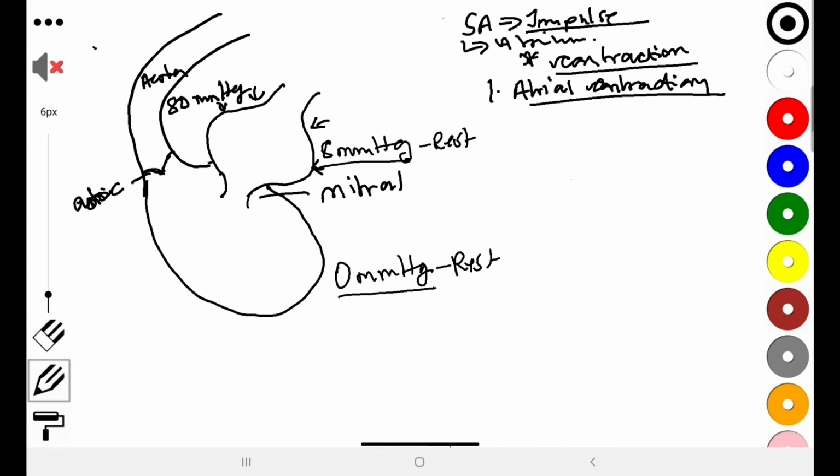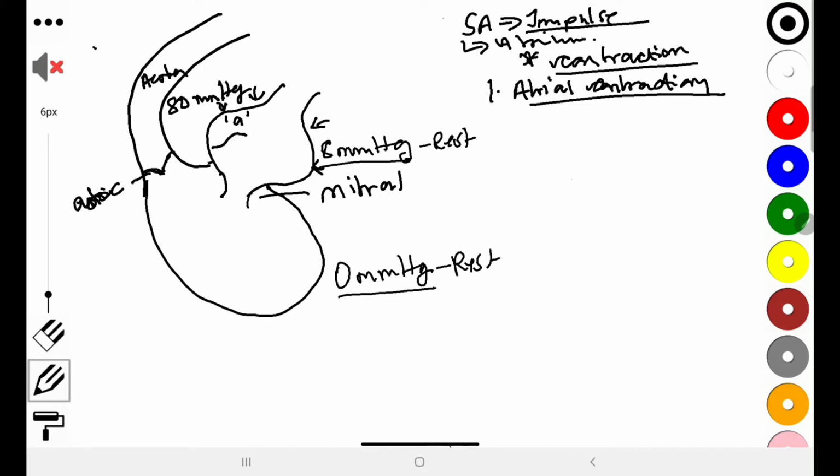It's at 8, yes, but there'll be a slight increase in pressure because it is now contracting. So we're going to have it at 8, and then there will be a slight bump, and this bump is known as the A wave.